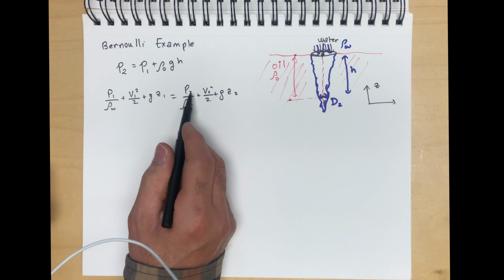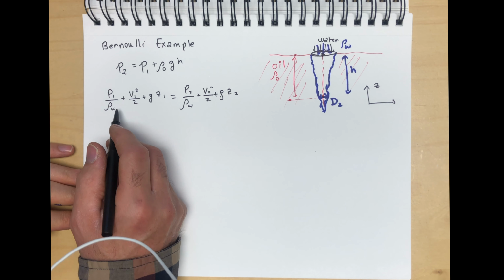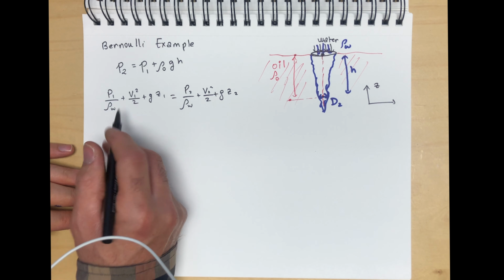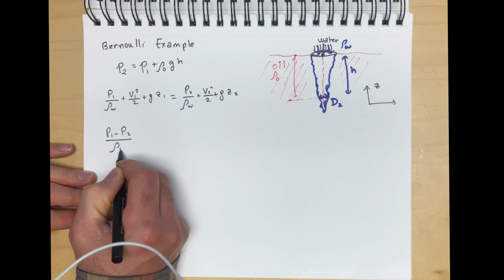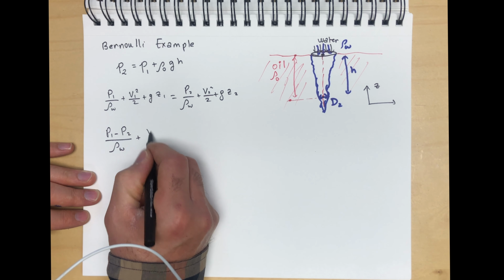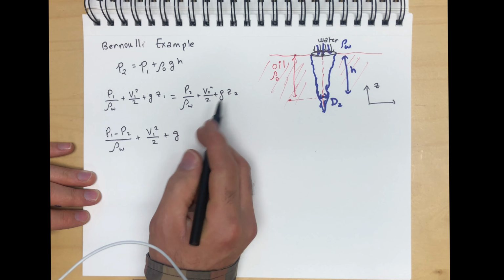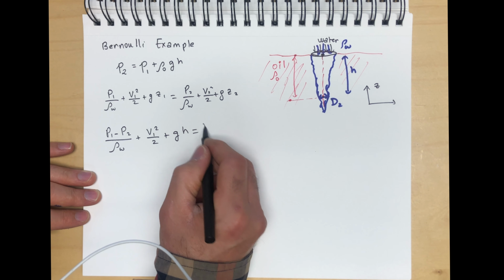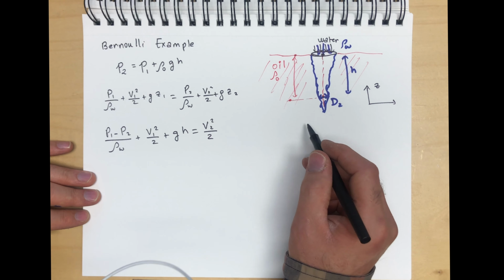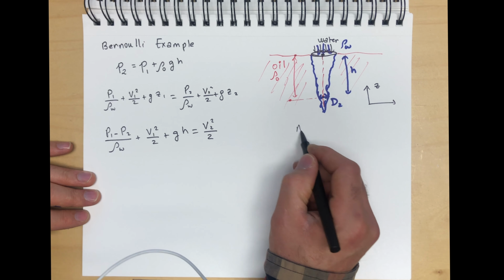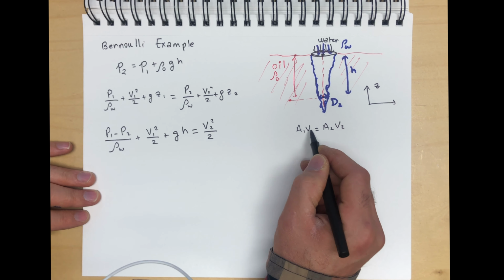Now, P1 and P2 are related by this formula, so let's take everything to the left: P1 minus P2 over rho water plus V1 squared over 2 plus Z1 minus Z2, that's g h, equals V2 squared over 2. Remember, we are after V2 because mass conservation tells us that A1 V1 is equal to A2 V2, and V1 can be computed.